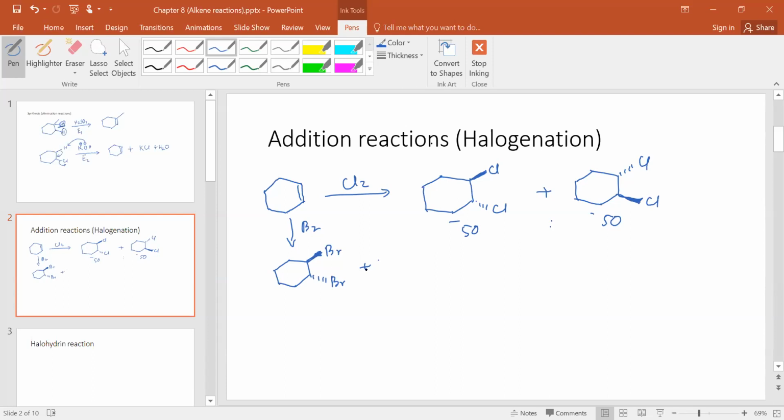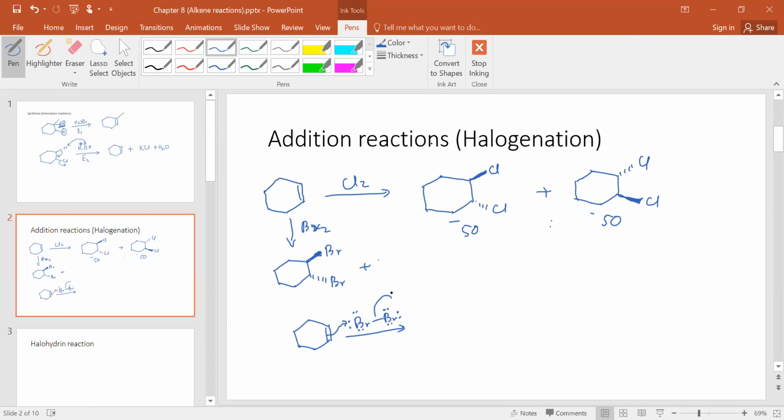So let's see the mechanism with bromine. Bromine by itself is electrophilic. Why? Because bromine has high electronegativity. So what happens at first?